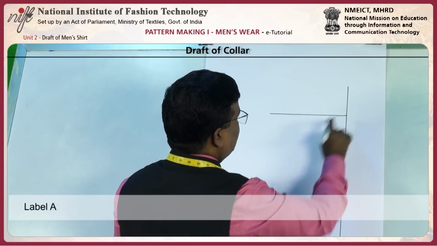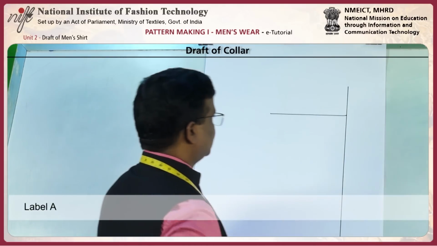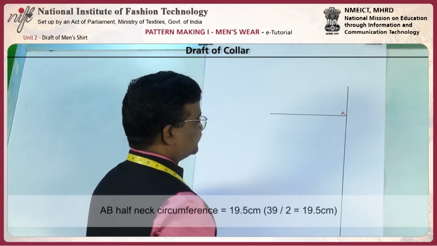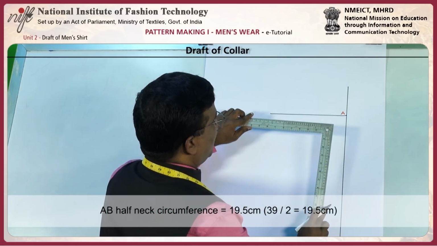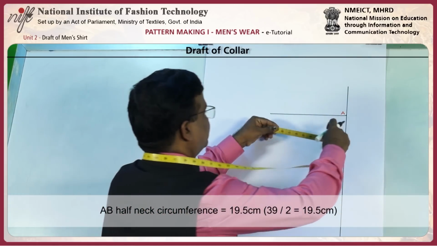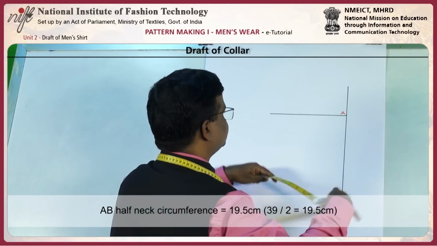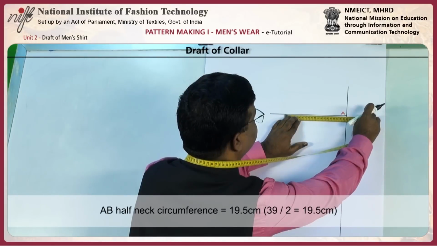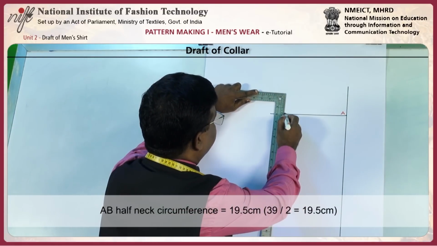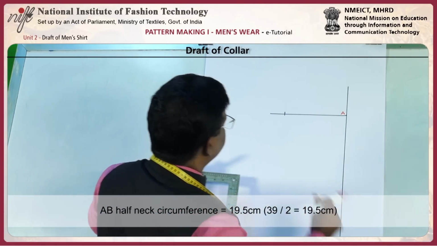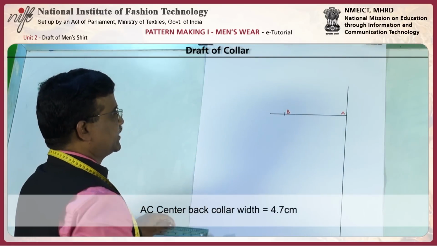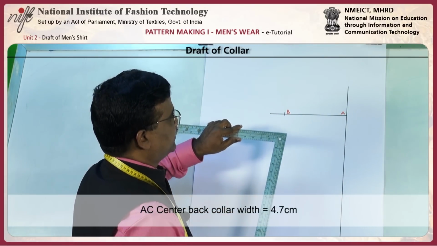Label this as A. A to B, half neck circumference, 19.5. A to C, center back collar width 4.7.